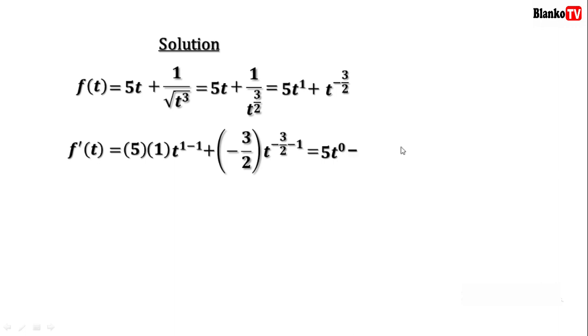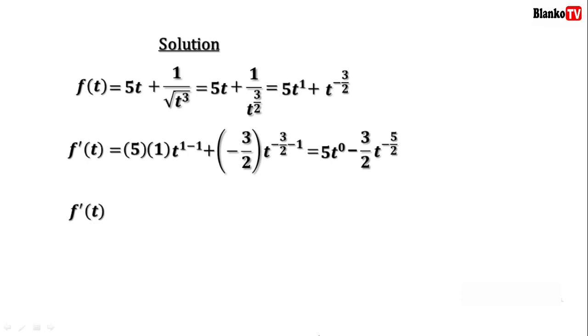Okay, minus 3 over 2, then t raised to the power minus 3 over 2 minus 1 will give us what? t raised to the power negative 5 over 2. I hope you are following it.